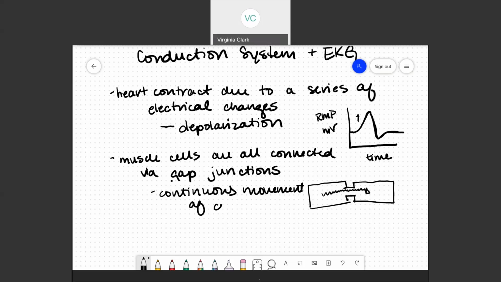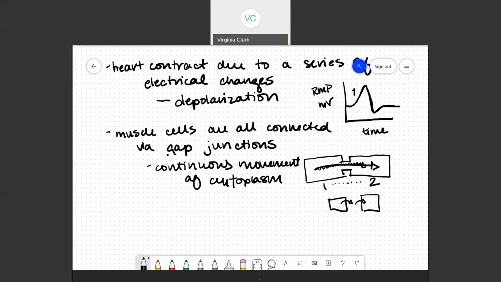So with the cytoplasm moving from one cell to the other, whatever happens in cell 1 happens very quickly in cell 2 because it doesn't have to cross over a plasma membrane through a space and into the plasma membrane of another cell. It is rapid and quick, and communication can happen like that, which is what you want when you have your heart contracting and this series of electrical changes.